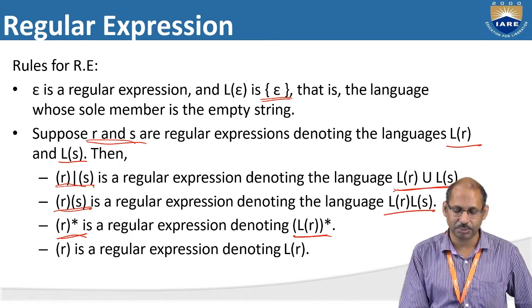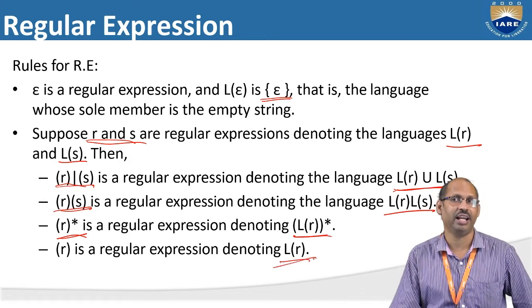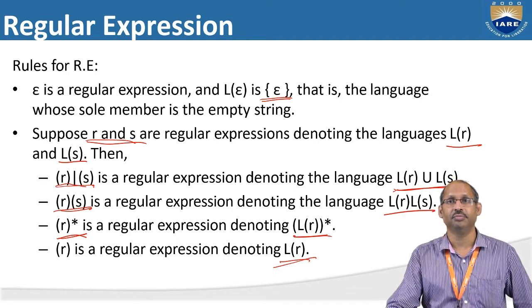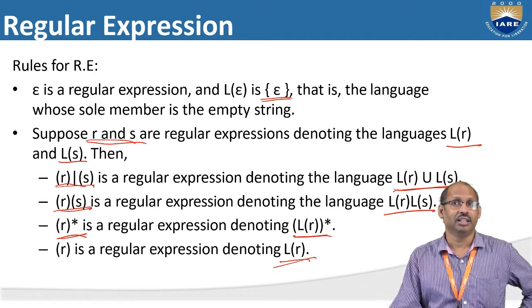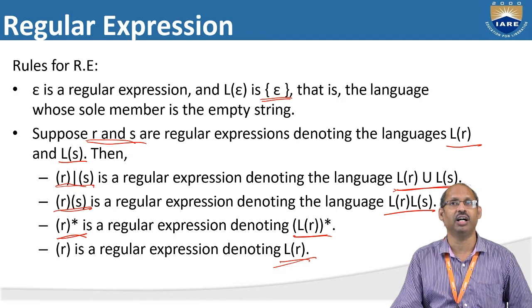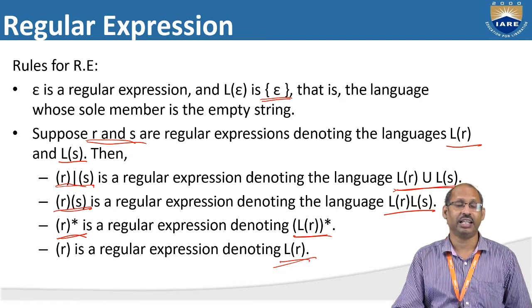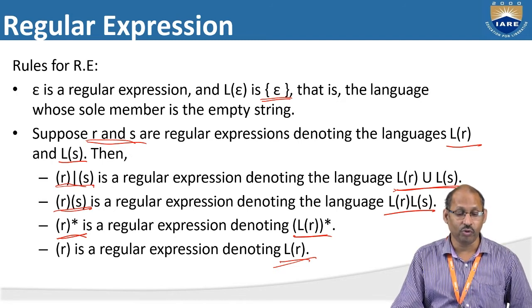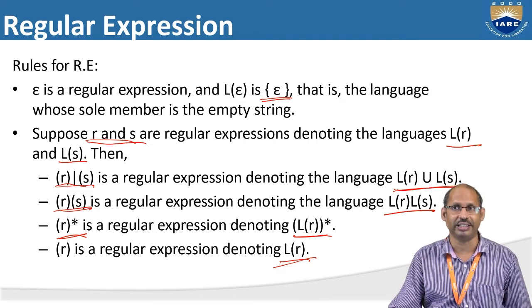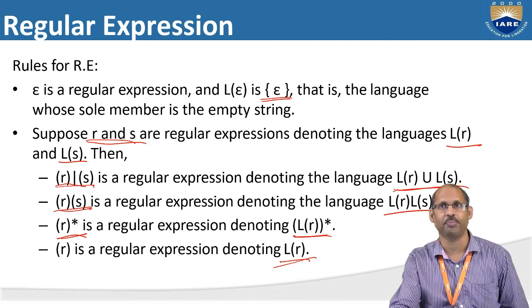R is a regular expression denoting L of R. So if we have R and S, two regular expressions denoting the languages L of R and L of S, then these are the four regular expressions to represent the union, concatenation, and closure properties.